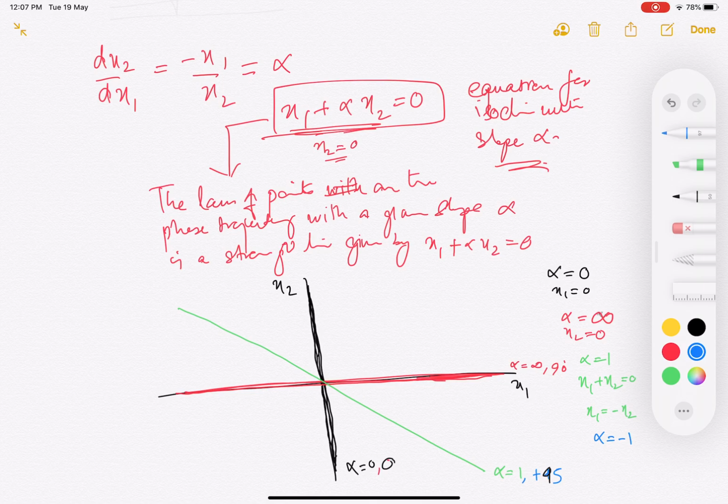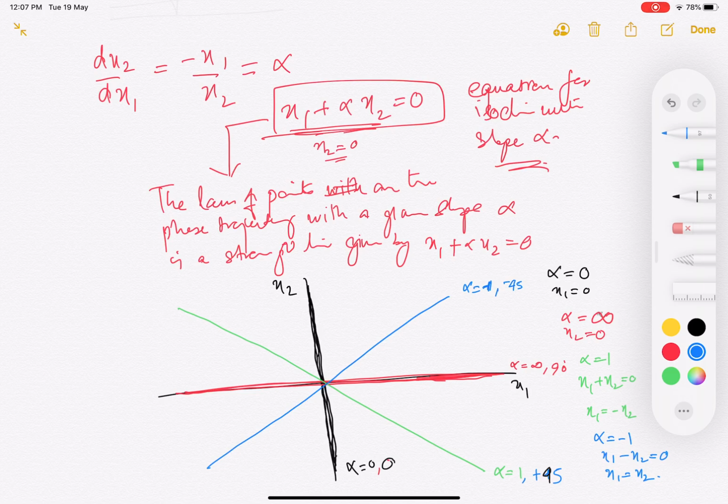So in this case, when alpha is -1, x1 minus x2 is going to be equal to 0. So x1 is going to be x2, this is the line. So x1 is equal to x2 line is this one, and here alpha would be -1. That means it corresponds to an angle of minus 45 degrees, and the line is x1 is equal to x2.